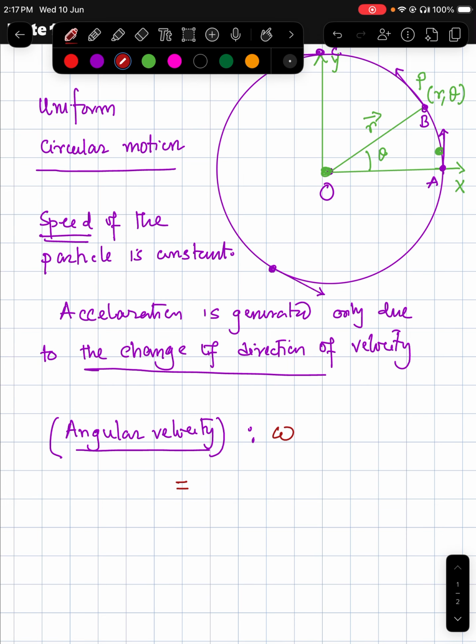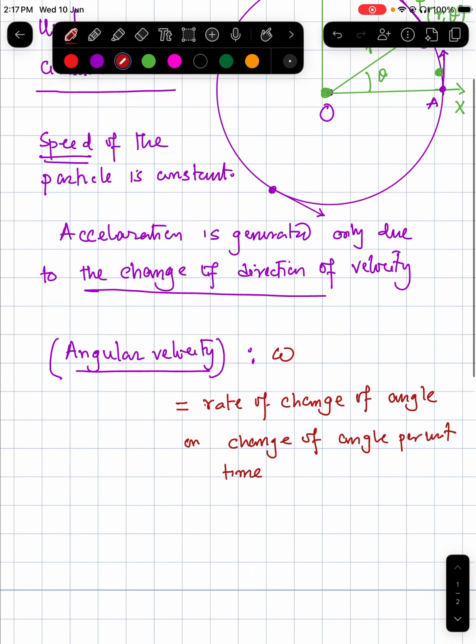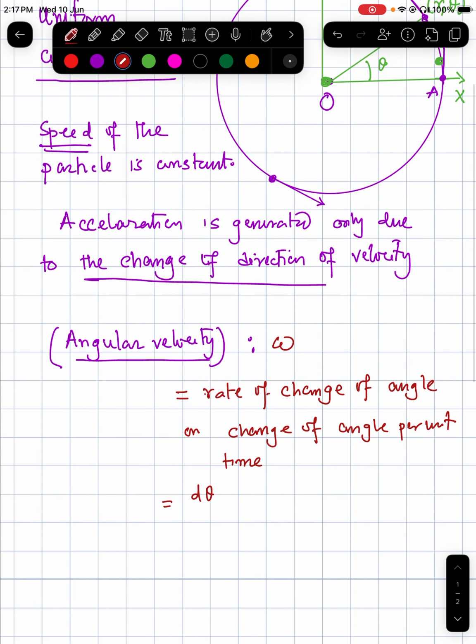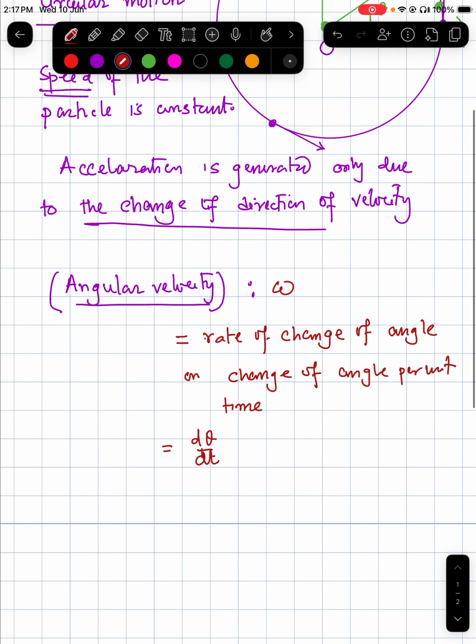The definition is: omega is the rate of change of angle, or the change of angle per unit time. As simple as that. And it is denoted by d theta by dt, because we know calculus now. So omega is d theta by dt, where theta is in radians, not in degrees.